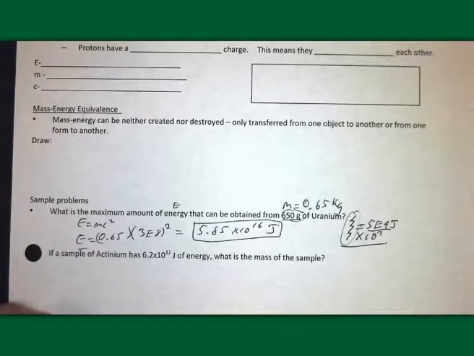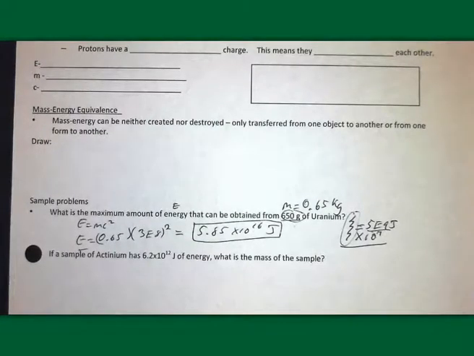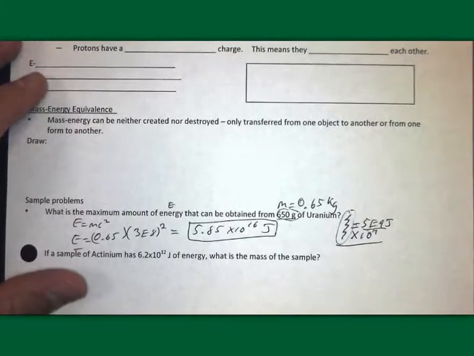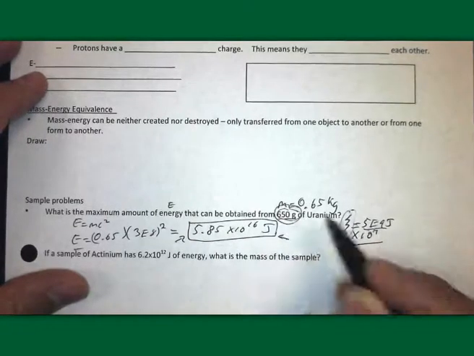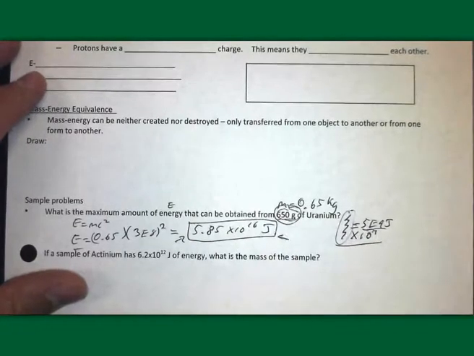That is a huge amount of energy. And at this point, you need to understand this is why nuclear energy is so attractive, because we can get a ridiculous amount of energy from a very small amount of mass.